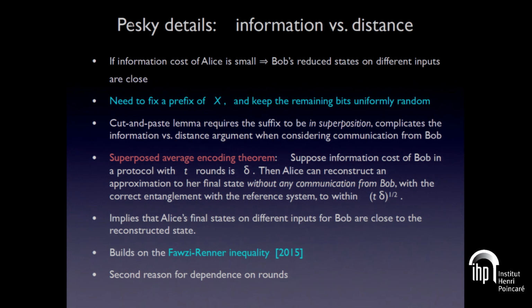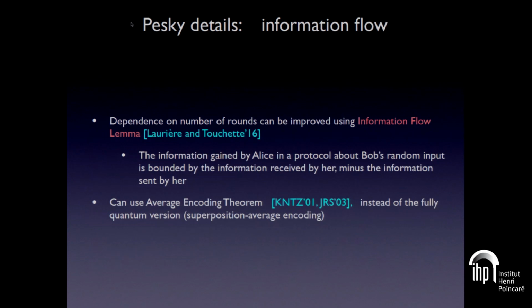And what's the accuracy? Well, it's square root of t times delta. This sort of theorem you can derive using the Fuchs-van de Graaf inequality. And this is one of the places where you see that we get a dependence on the number of rounds on the information cost.